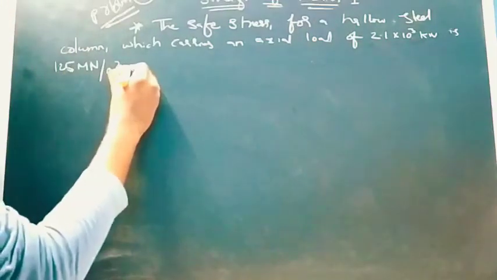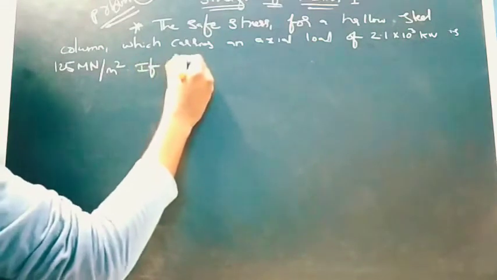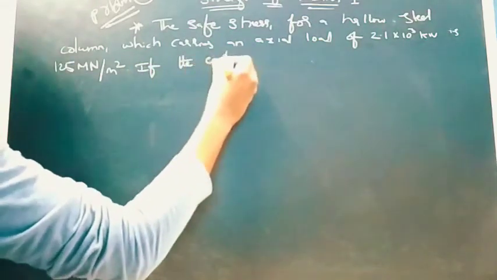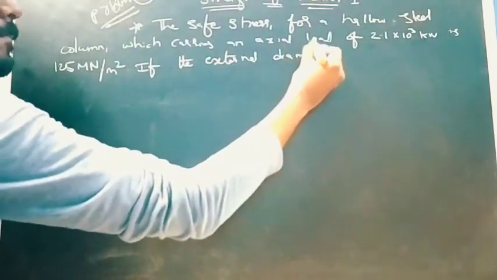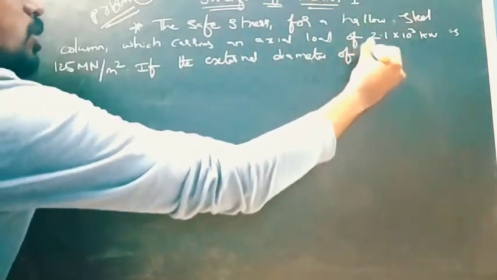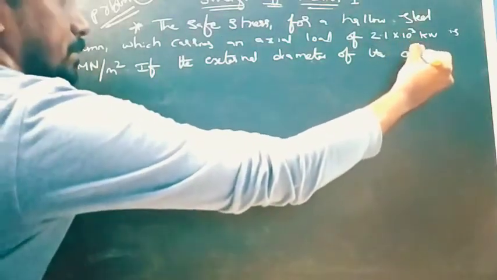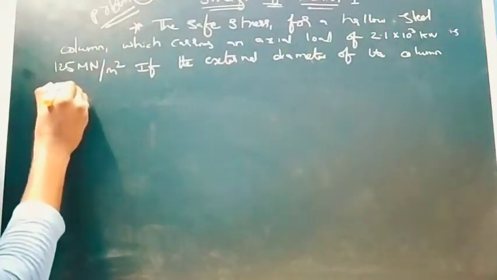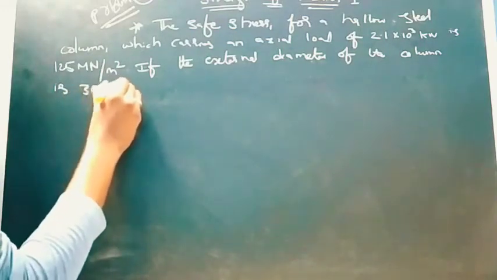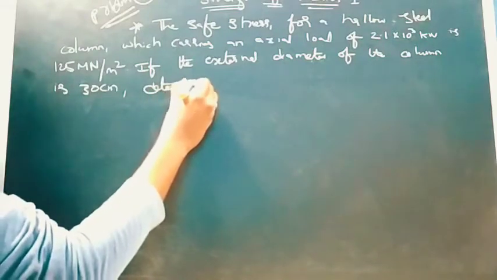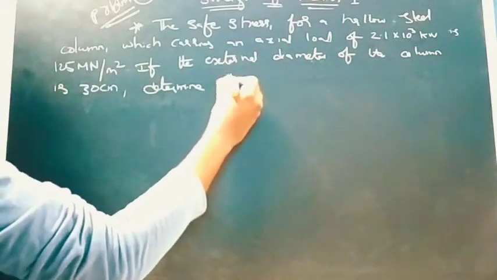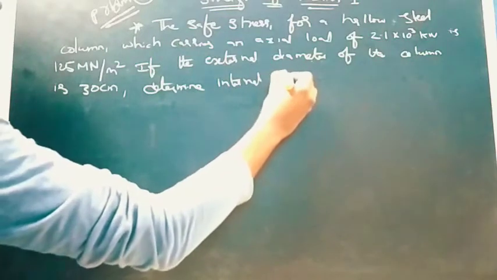Now if the external diameter of the column is 30 centimeters, determine the internal diameter.